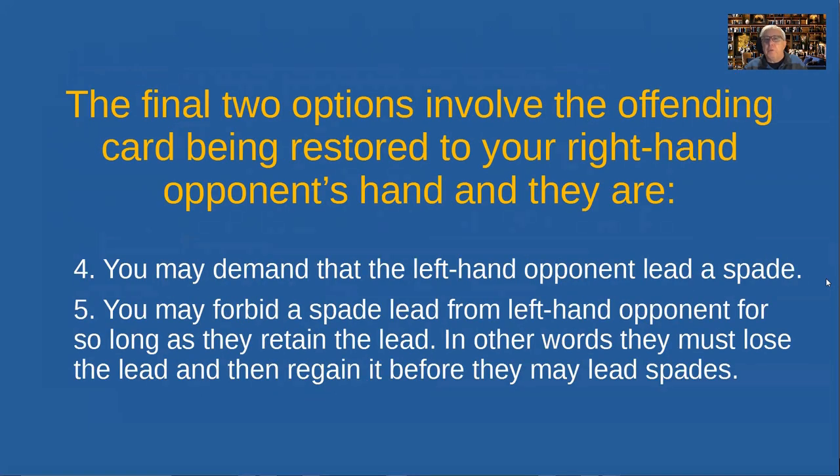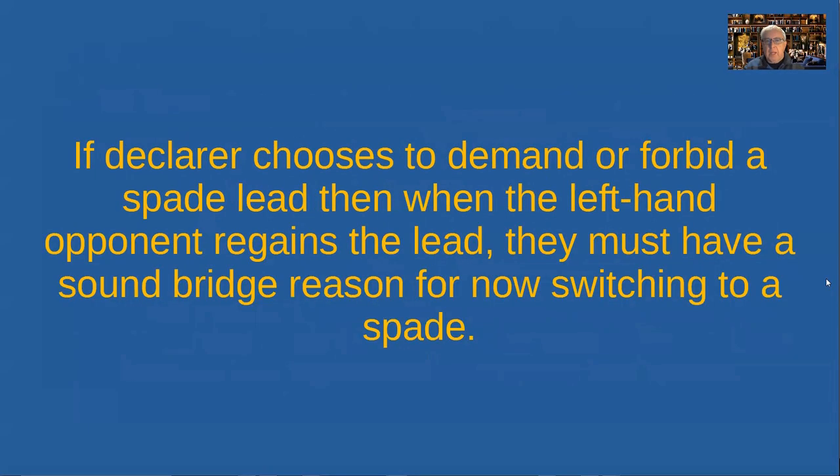And then the final 2 options involve the offending card being restored to your right-hand opponent's hand, and they are: 4, you may demand that the left-hand opponent lead a spade. 5, you may forbid a spade lead from left-hand opponent for so long as they retain the lead. In other words, they must lose the lead and then regain it before they may lead spades.